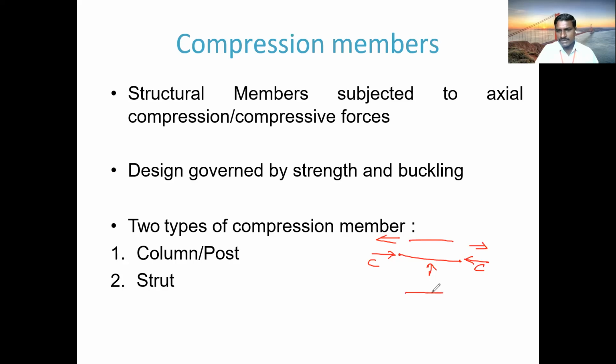The member becomes short, or it will buckle, or it will buckle like this. Are you getting? So this is the buckling of the member. And in tension, yielding and elongation are there, and in compression, buckling is there. So we have to calculate the buckling strength.